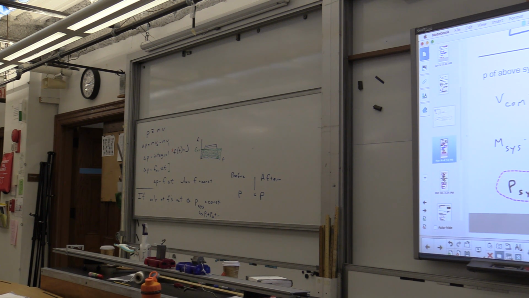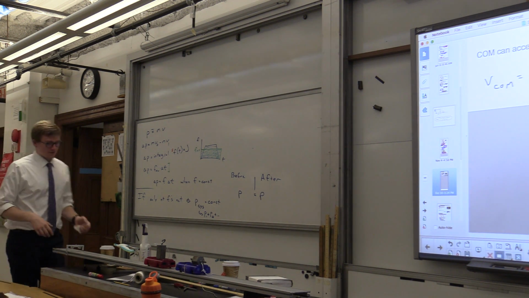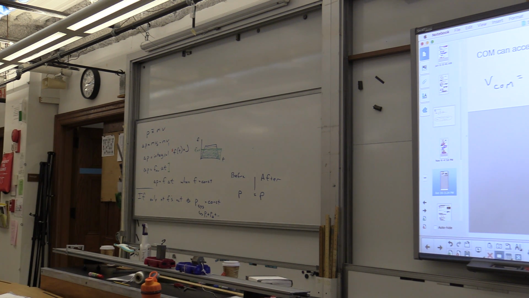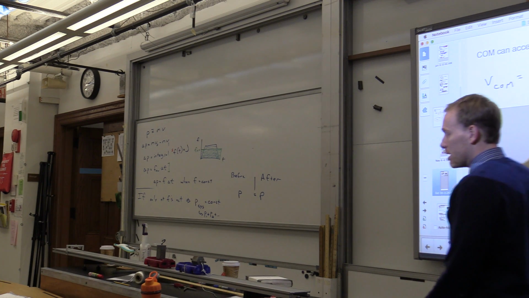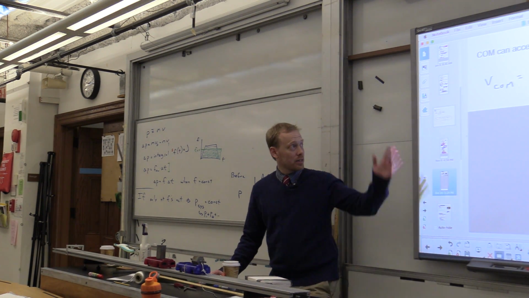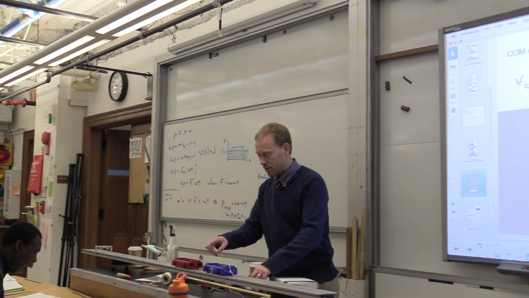We have just talked about how the center of mass can have a velocity, and the center of mass velocity relates to the momentum of a system. Now we're going to talk about how the center of mass can accelerate. Can you see the red dot there?